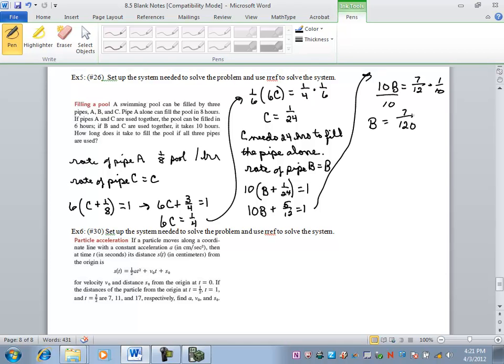So it takes B 120 divided by 7 hours to fill the pool alone. B needs 120/7 hours to fill the pool alone.